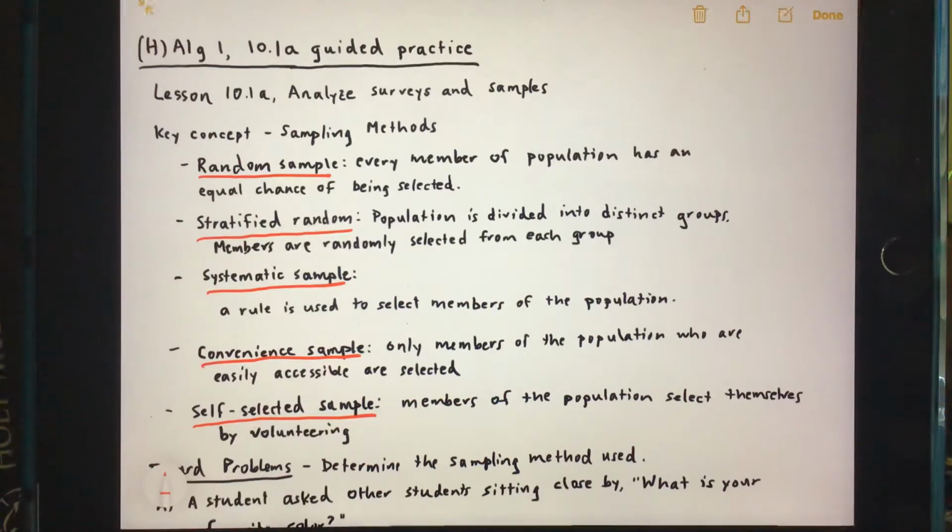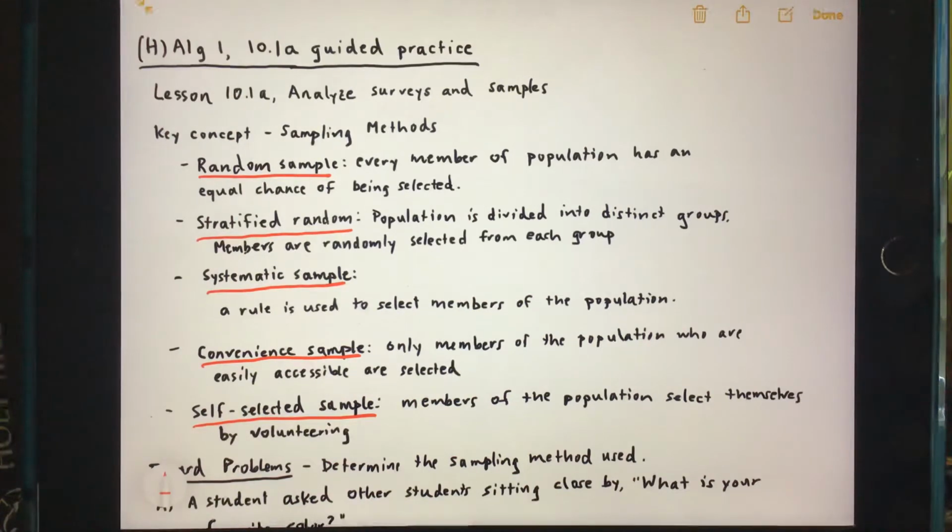Another method of collecting data on a particular population is called stratified random. A stratified random sample will take the population and divide it into distinct groups. Maybe you would break it up by state. Maybe you would break it up by age group. You would pick a way to group all of the population, assuming your population is fairly large.